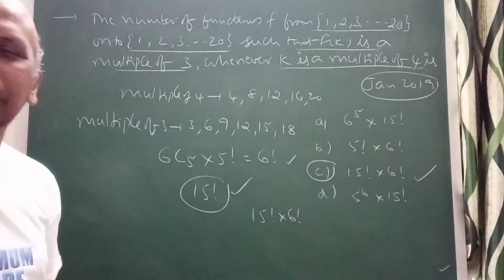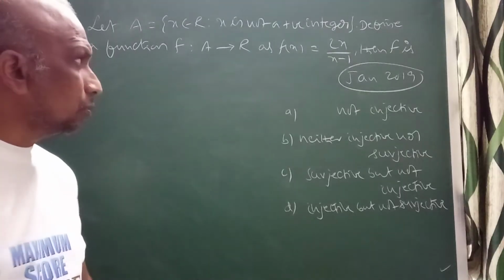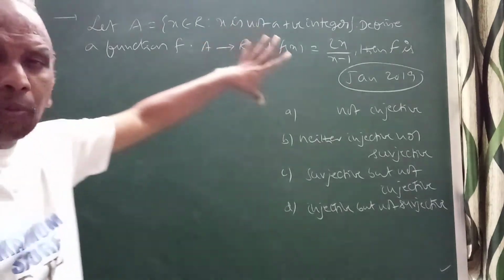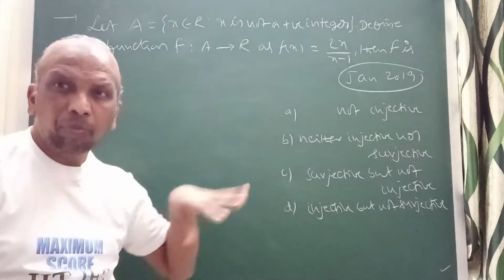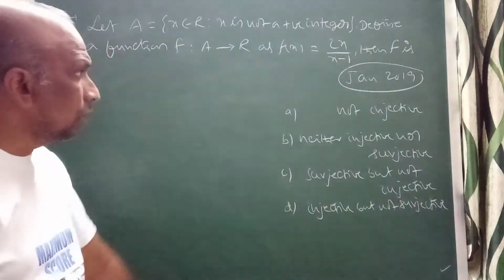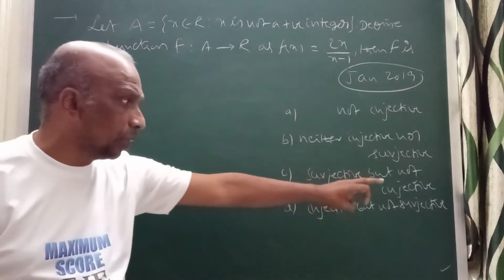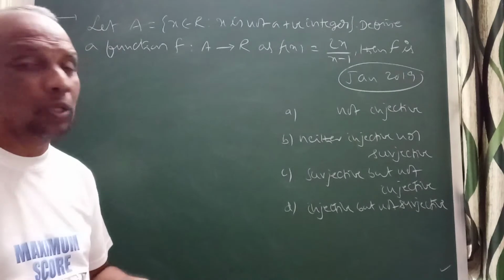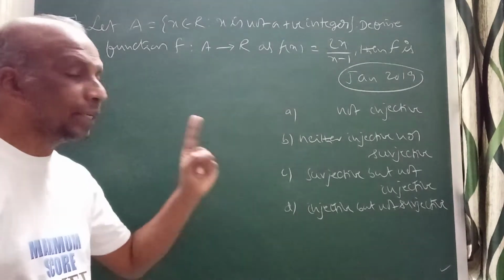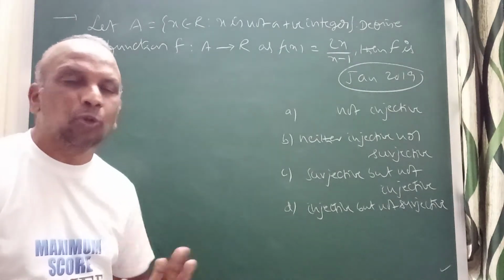Now see in this problem, again I am talking about only injective and surjective. They are asking whether it is neither injective nor surjective, surjective but not injective, or injective but not surjective. But remember, injective means one-one function, surjective means onto function.